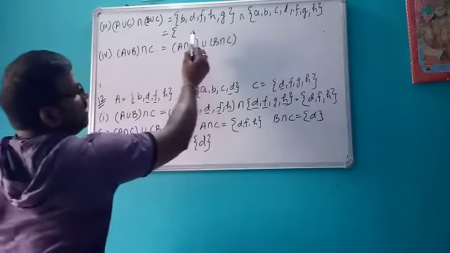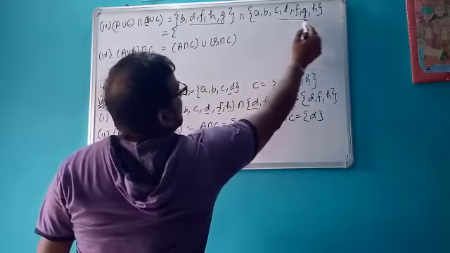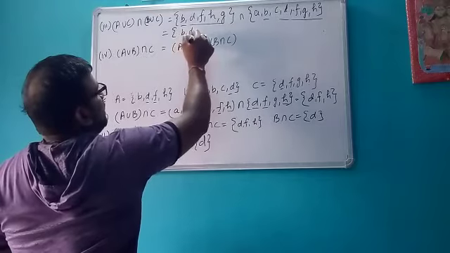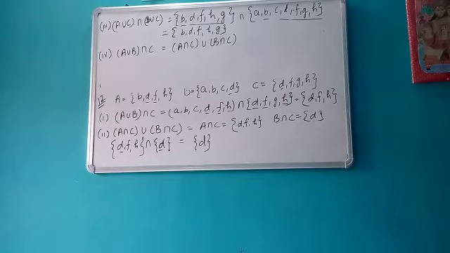Again the common elements, that is B, D, F, G, H. So the answer will be B, D, F, H, G. Okay, so this will be the operation on these sets.